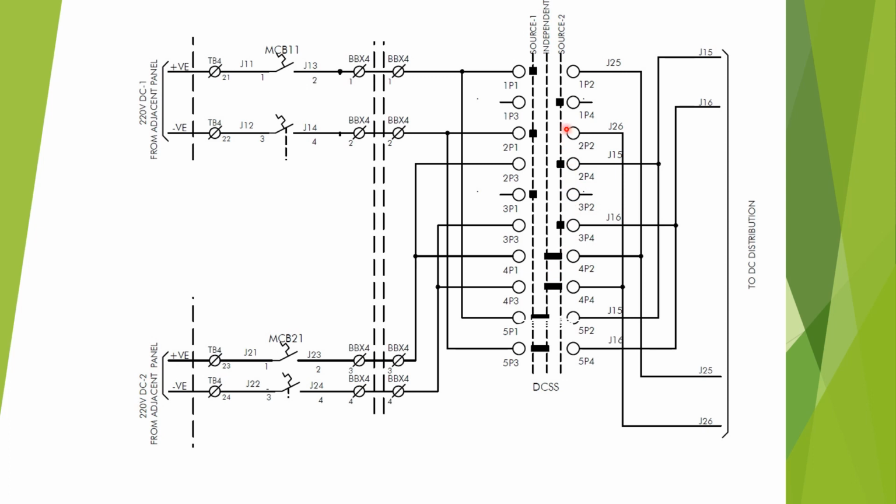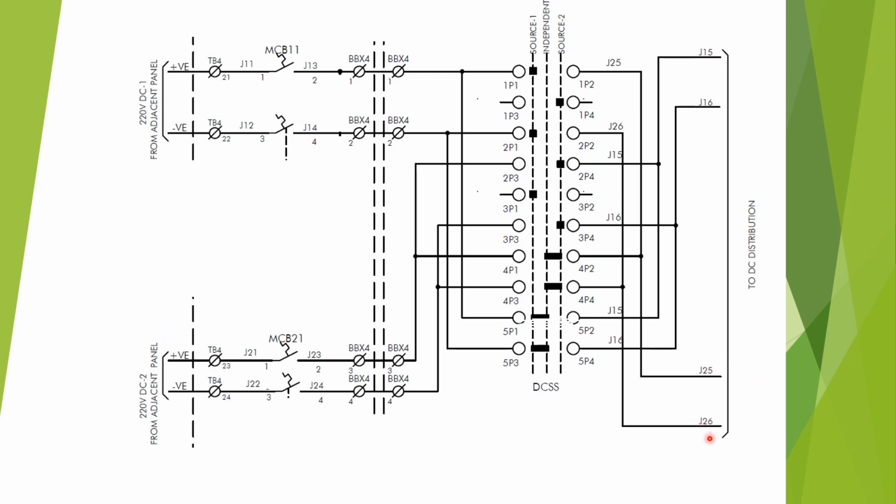Again, if the switch position is kept at source 2, in this case, the contacts which will be activated are 2P3, 2P4 and 3P3 and 3P4. Again 4P1, 4P2, 4P3 and 4P4 will be activated. So in this case, J15 and J16 will get DC from 2P3 and 2P4 contacts and 3P3 and 3P4 contacts via DC source 2.